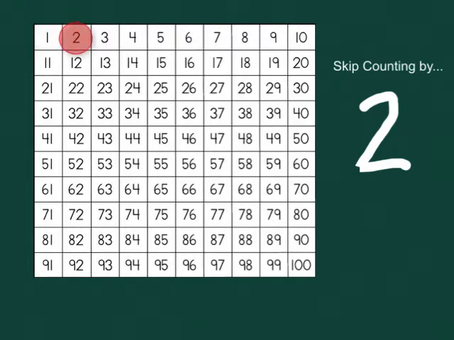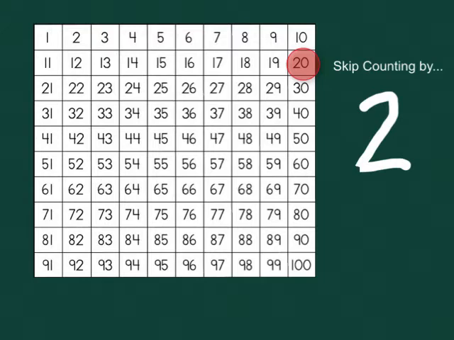2, then I skip 1, 4, then I skip 3, 6, 8, 10. So I'm only counting every second one, or in every 2 numbers I'm counting. Watch again. 2, 4, 6, 8, 10, 12, 14, 16, 18, 20.